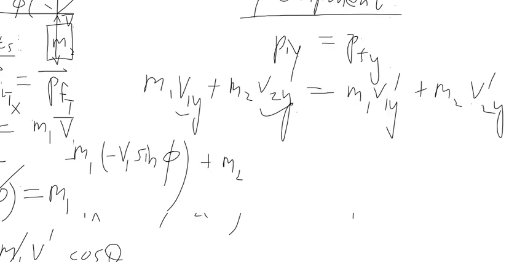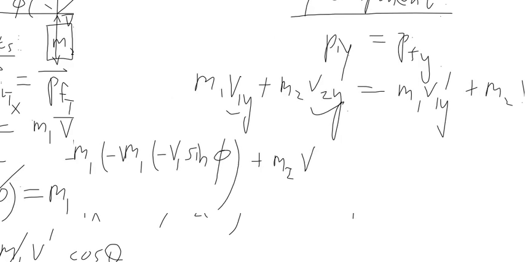Next is v2y. There is a y component for v2, corresponding to mass 2. Since mass 2 is moving vertically upwards, there's only a y component, so we substitute that with v2. So plus m2 v2.